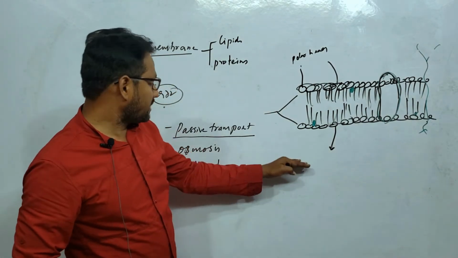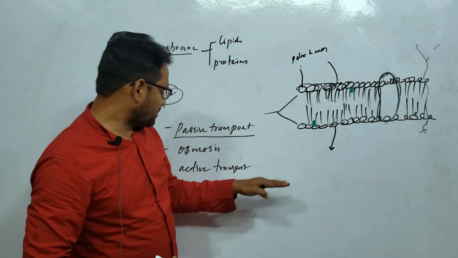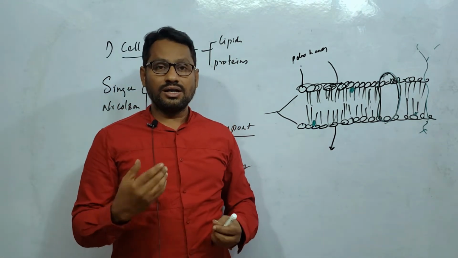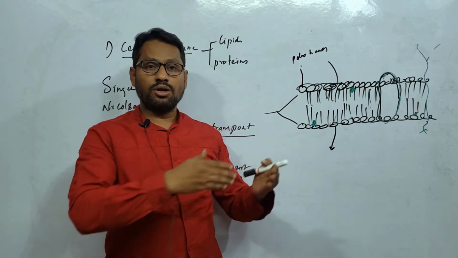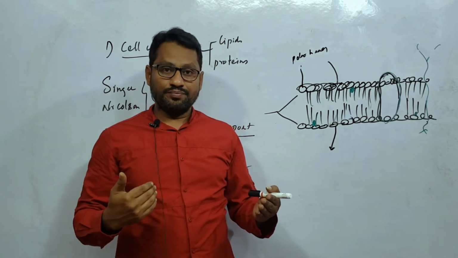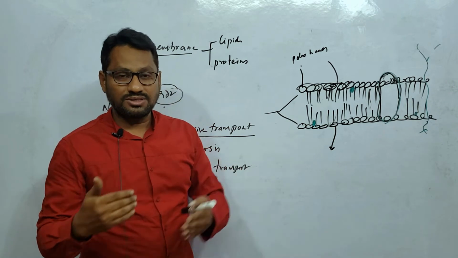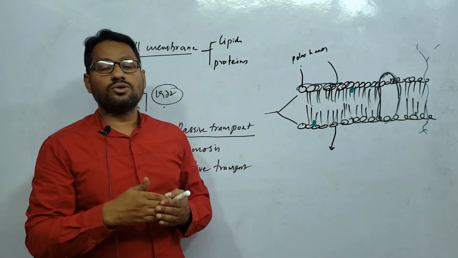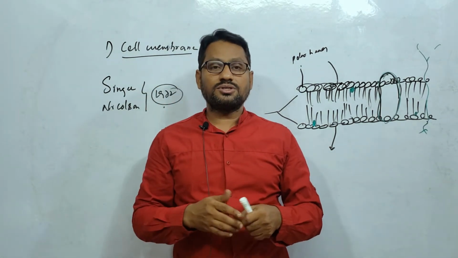So, what we learn here? Passive transport, osmosis and active transport. Passive transport means there is no energy dependent reaction, the molecules cross the membrane. In osmosis, by a process of diffusion, neutral solutes pass through the membrane by simple diffusion.